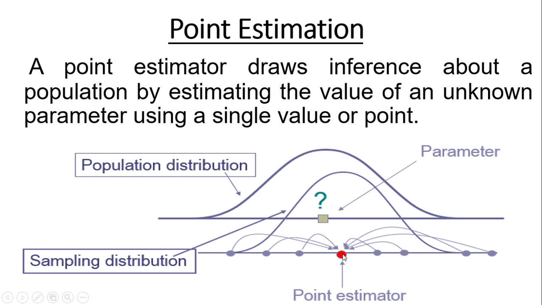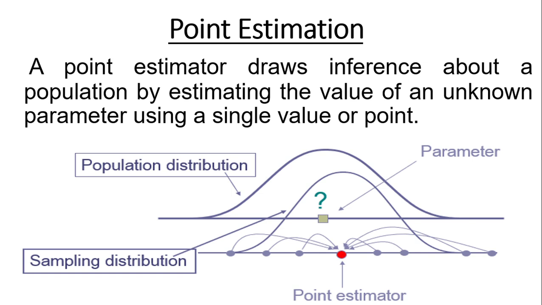You could see that we have two normal curves. The bigger one, the upper one, represents the population, which is the parameter, a function of the population. While the sample, which you were using to estimate the parameter, is below.